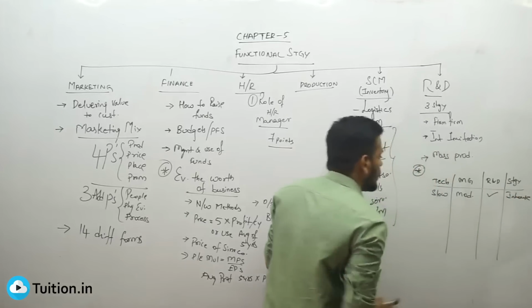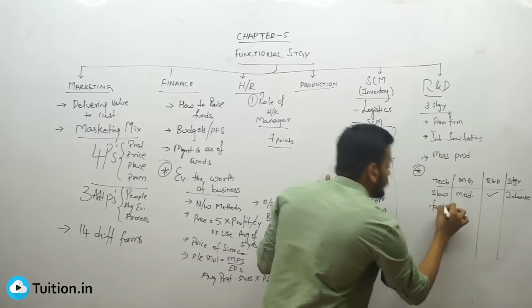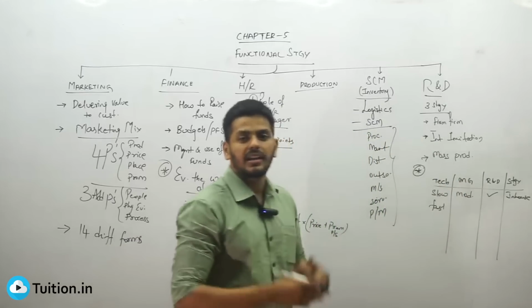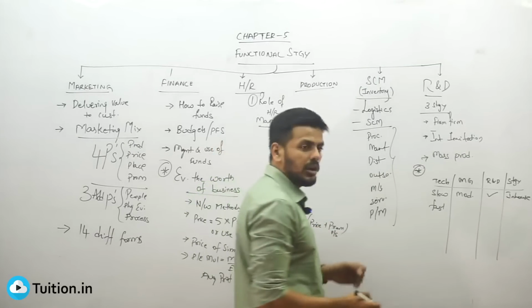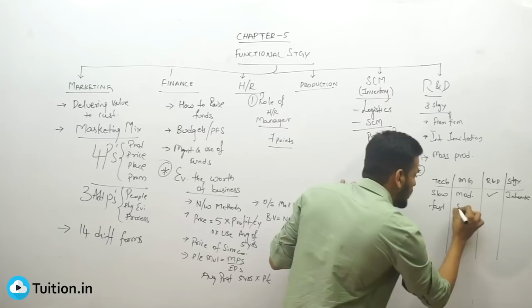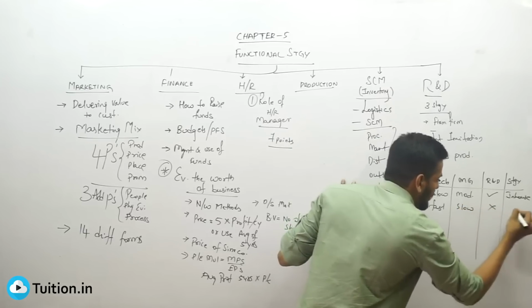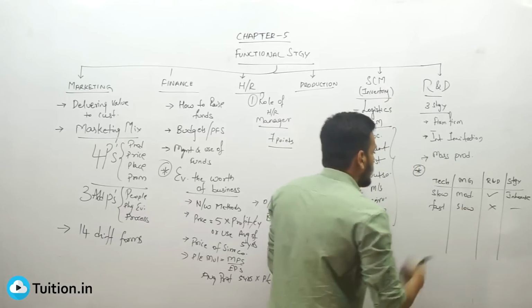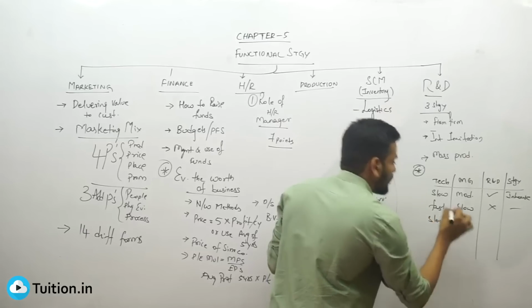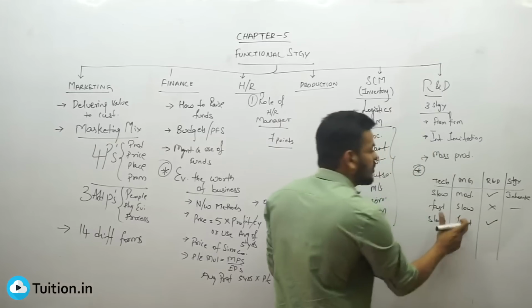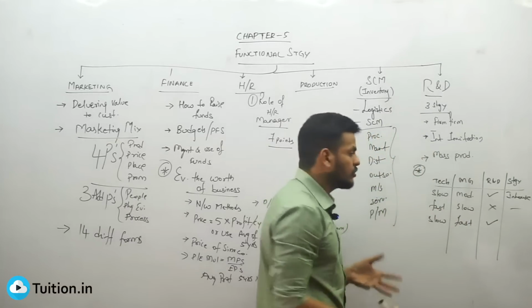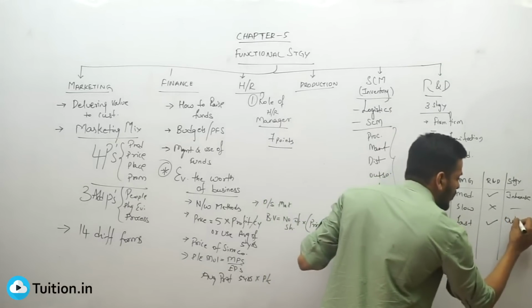Then if the technology growth is fast, doing R&D is not ideal, because by the time you develop, you will end up with an outdated product. So irrespective of whether the market is slow or whatever, I won't do R&D. Then if the technological progress is slow but the market growth rate is fast, you can do R&D, but since market growth is fast, you need results quickly, so you might as well go for outsourcing.